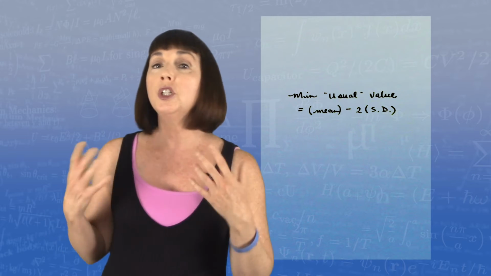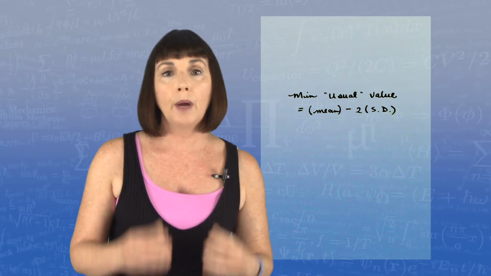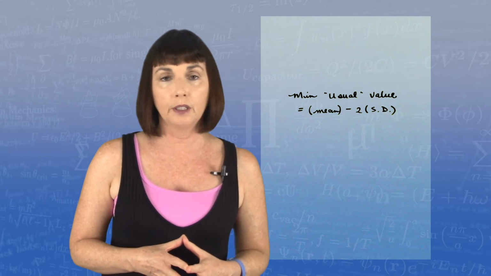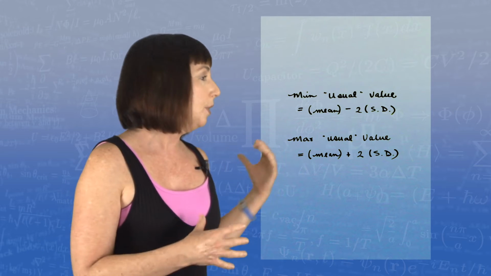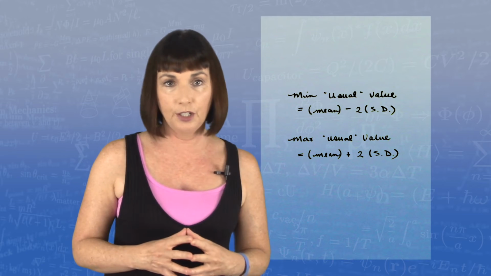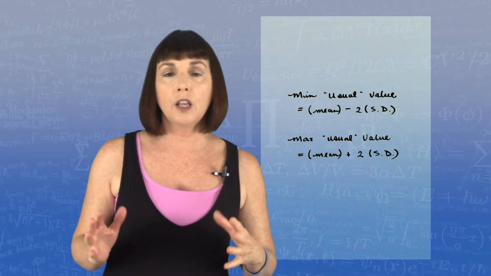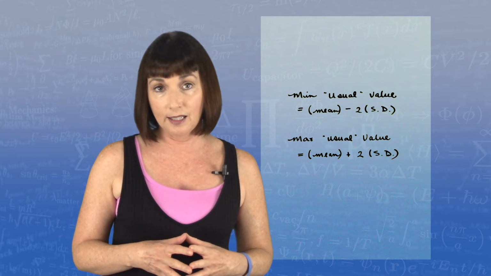The minimum usual value is equal to the mean of the sample minus 2 times the standard deviation. And the maximum usual value is equal to the mean of the sample plus 2 times the standard deviation. So this gives us a range of values that we can consider usual for our data set.